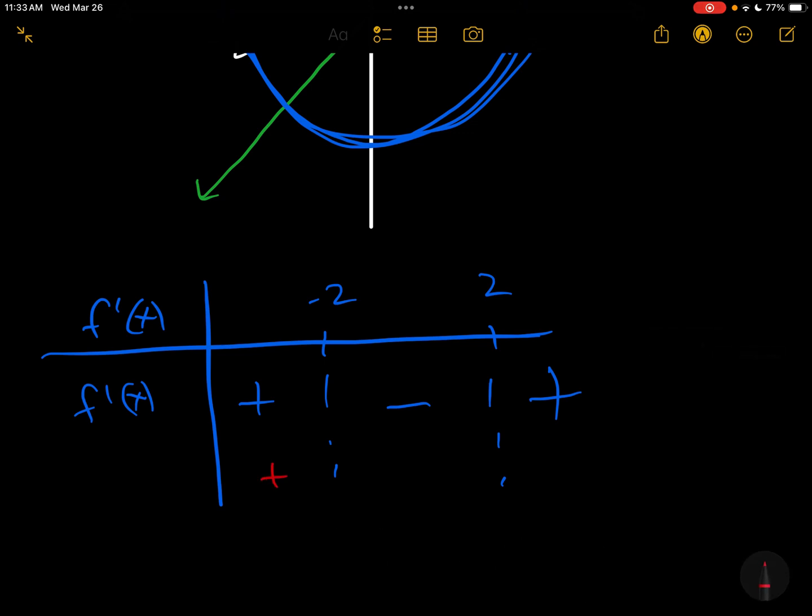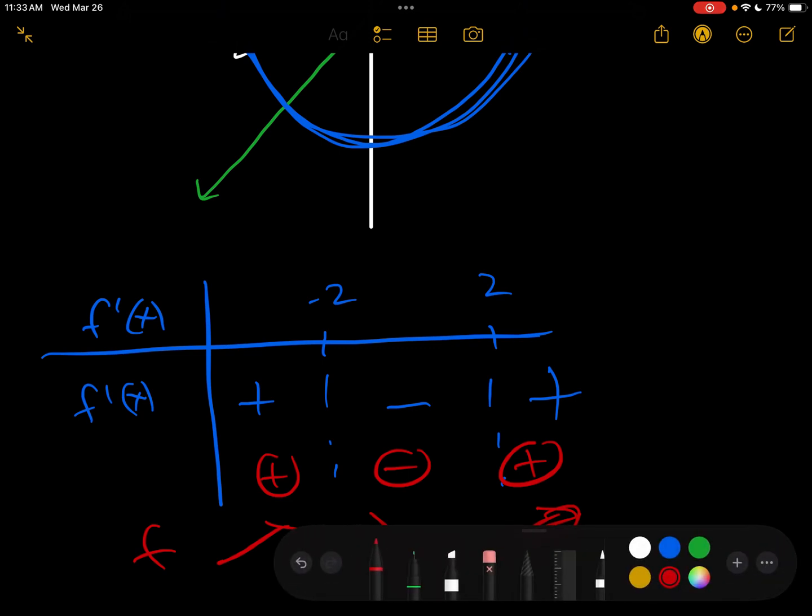So we have plus, minus, plus, so it looks like this is the graph of f. F is going to be increasing from minus infinity to -2, decreasing from -2 to 2, and increasing from 2 to infinity.